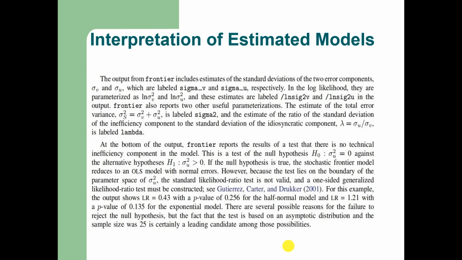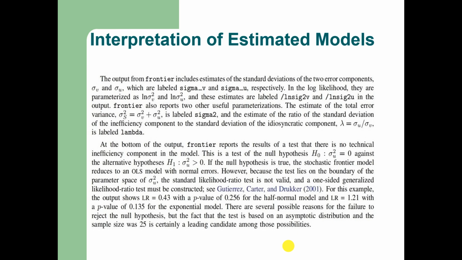For this example, in the output above, the output shows LR equal to 0.43 with a p-value of 0.256 for the half normal model, and likelihood ratio equals 1.21 with a p-value of 0.135 for the exponential model.